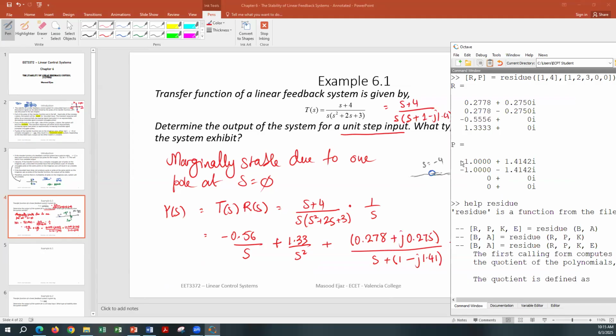And this corresponds to this. So s minus this number, that's the root. You are making a factor from the root, because you are doing s minus the root, right? So exactly. So s minus the root is going to become s plus 1 minus j 1.4. That's the root, and you're making a factor out of that root.